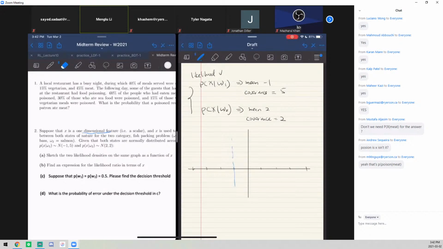It depends on the variance. It's 5, so from -1 we go minus 2.5 and plus 2.5, these two points.